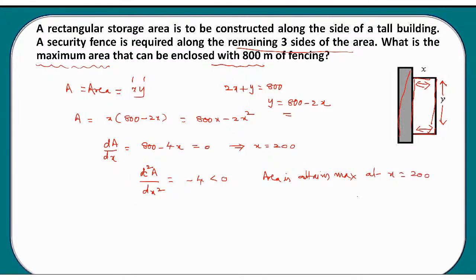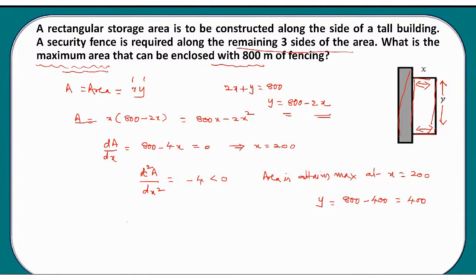When x equal to 200, what is the value of y? Value of y equal to 800 minus 2x. This is the relation now. 800 minus 2x, that is 400. y equal to 400. The question is, find the maximum area.